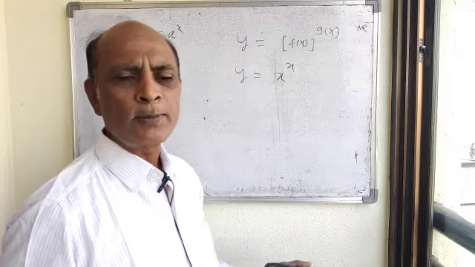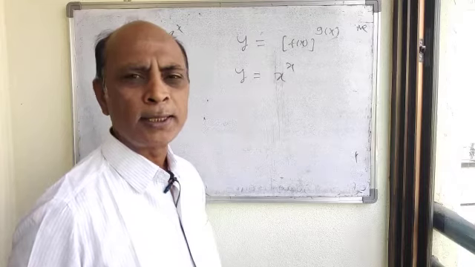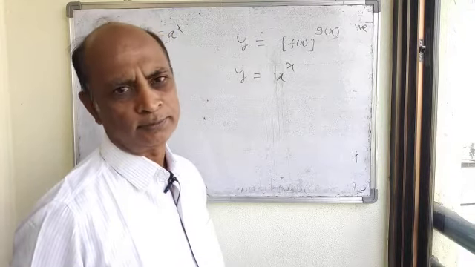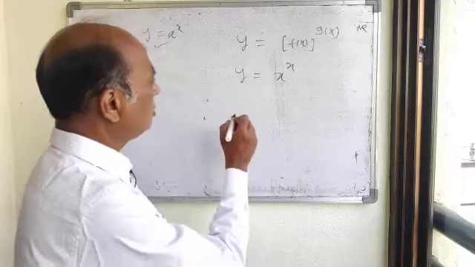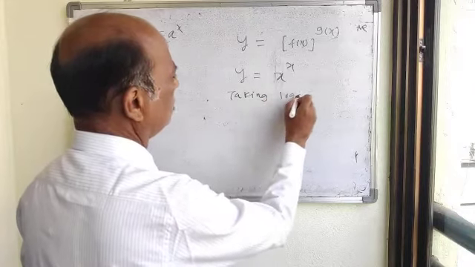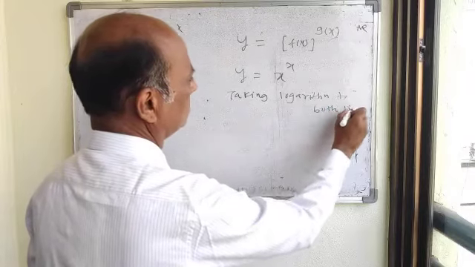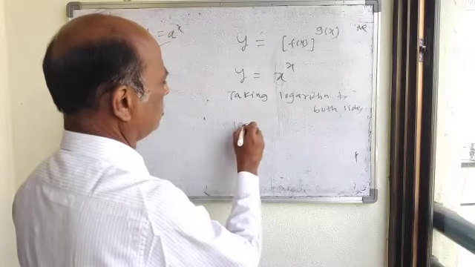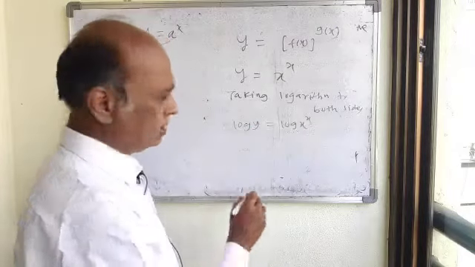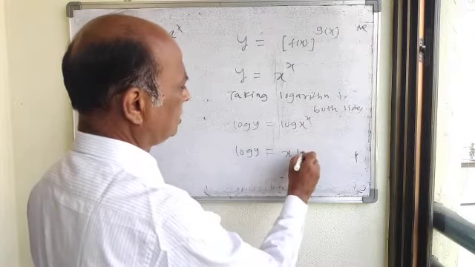All of you know that when there is a complicated problem, at that time you have to use logarithm. So here we take the log of both sides. Taking logarithm on both sides, log of y is equal to log of x to the power x, that is log of y is equal to x log x.